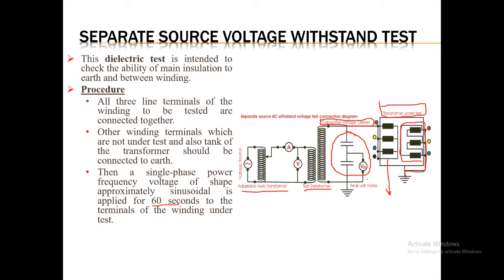If during the 1 minute you examine a failure of the insulation, then the sample fail indication will glow up and the testing engineer can report that the transformer's insulation is not capable of withstanding the applied voltage magnitude for 1 minute under the lab environmental condition specified by the IEC standard.